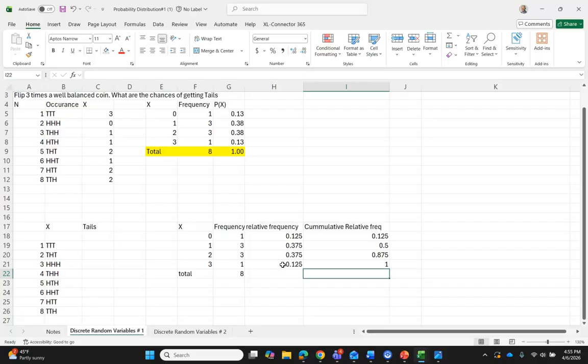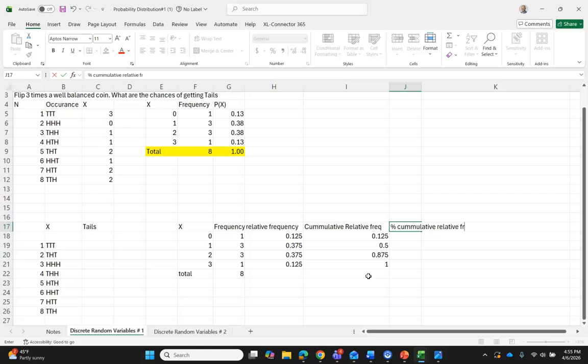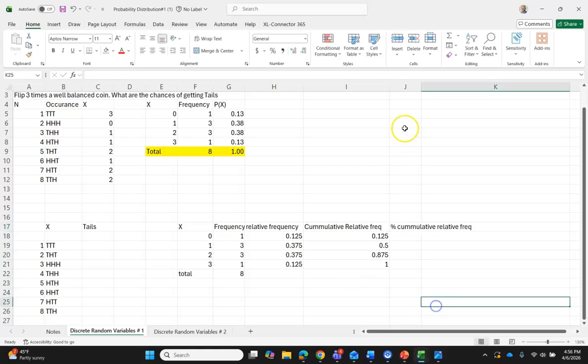We could also find the percentage relative frequency, or the percentage cumulative relative frequency. And so let me just find for this one the percentage. So to get the percentage cumulative relative frequency, all we need to do is to transform these values into percentage.